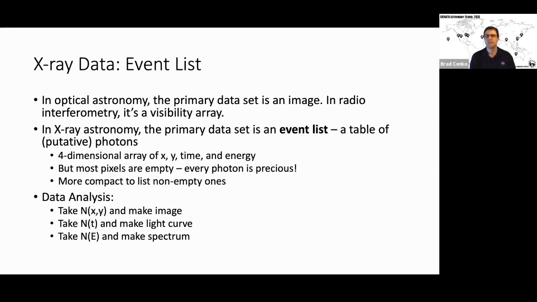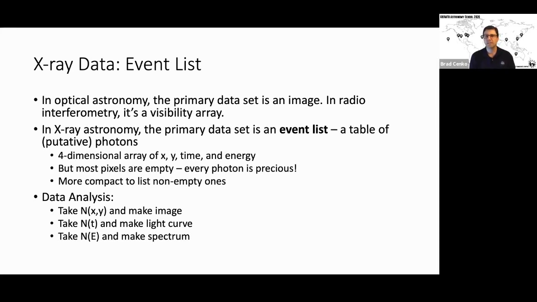In X-ray astronomy, the primary data set we usually work with is called an event list. It's a table of photons, a four-dimensional array, where for each photon that hits the detector, you get an X and Y position on the detector, a time associated with when that photon hit the detector, and an energy associated with that individual photon.